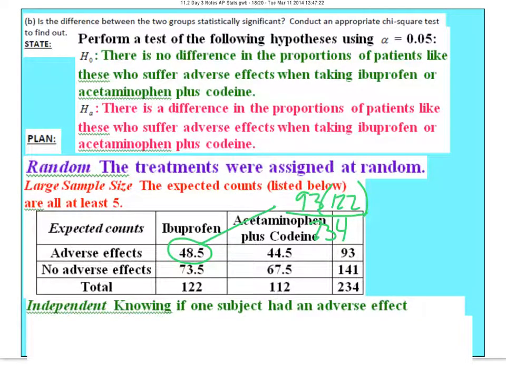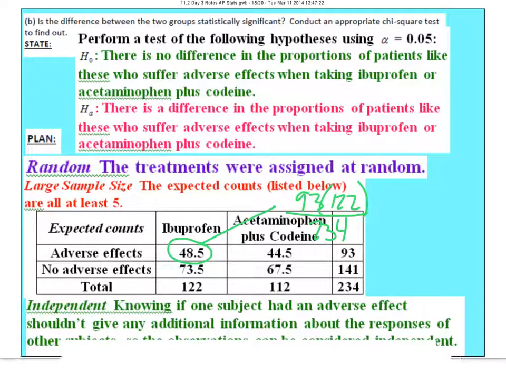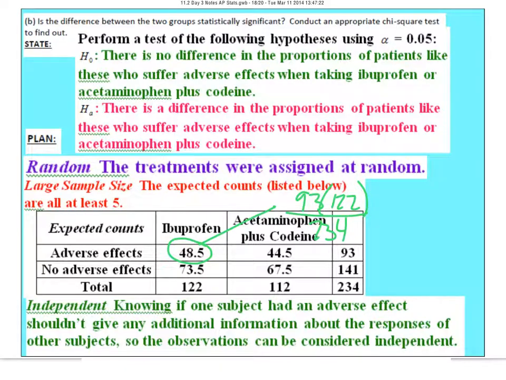For independence, knowing one subject has had adverse effects shouldn't give any additional information about the responses of the other subjects, so the observations can be considered independent. Again, this is an experiment. We do not check the 10% condition. We just know that the experiment was set up to ensure we would have our independence. So we state it accordingly.